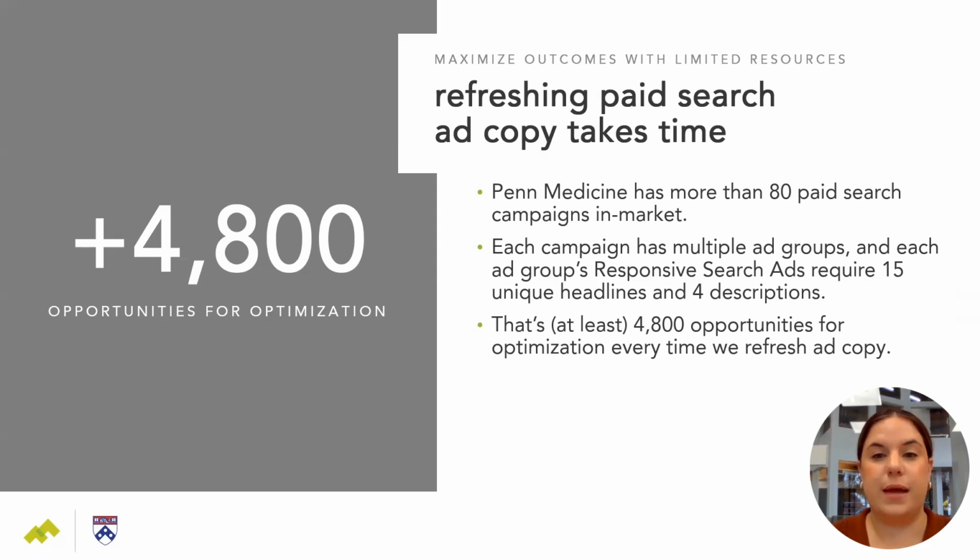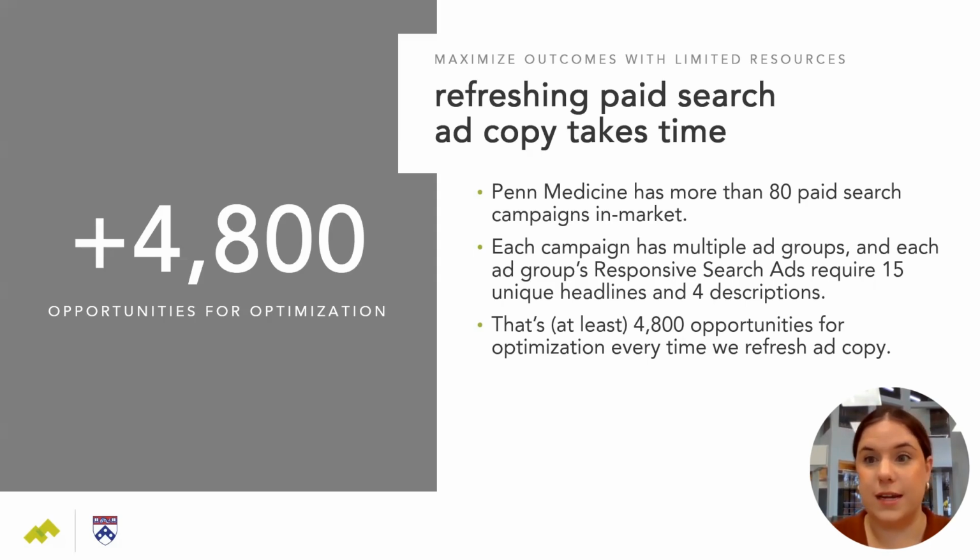The reason being that Penn Medicine is running a large volume of paid search campaigns. At any given time, we have 80 plus campaigns in market across a variety of service lines and locations. And when you think about the fact that each of those campaigns contains multiple ad groups, each ad group contains multiple ads with headlines and descriptions that combine to make a responsive search ad, that's almost 5,000 different opportunities for optimization when it comes to just ad copy alone, not even the rest of the things that we can optimize within a campaign.